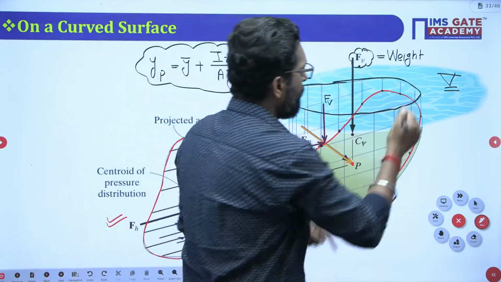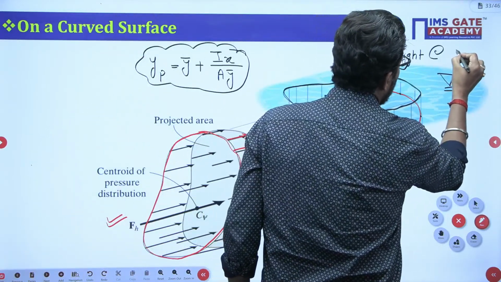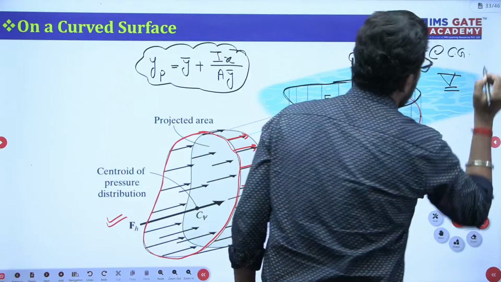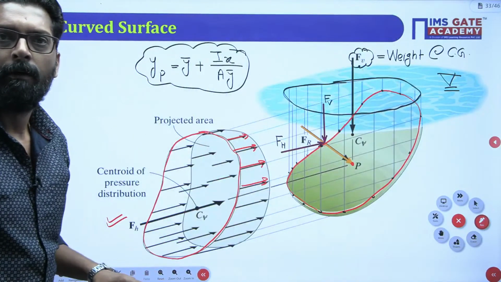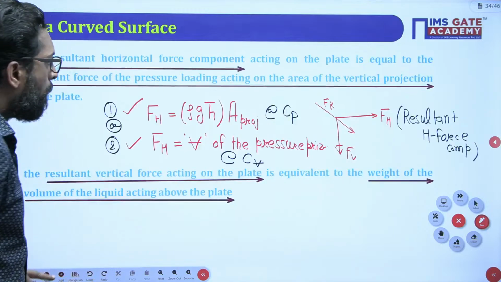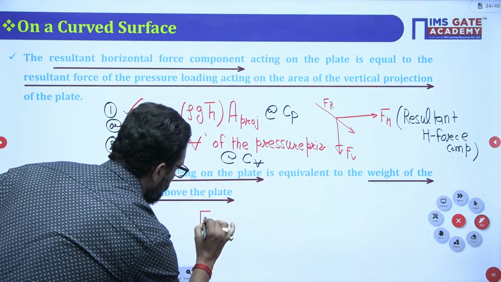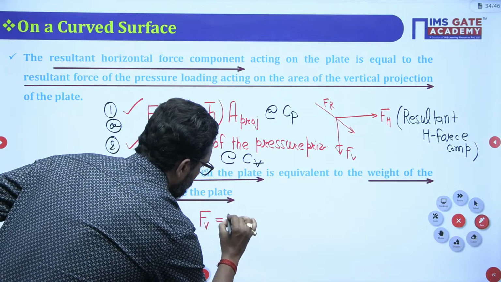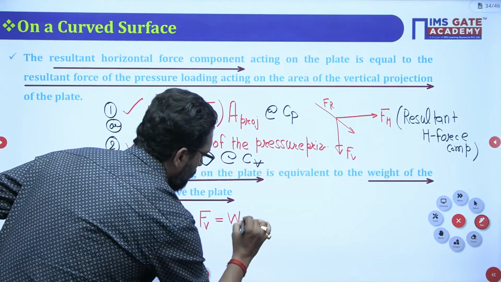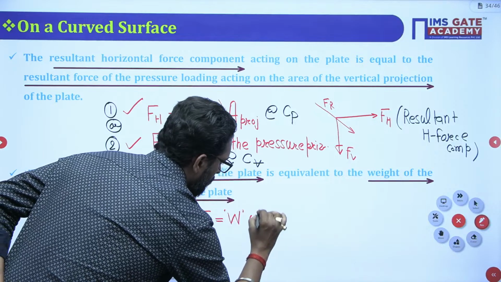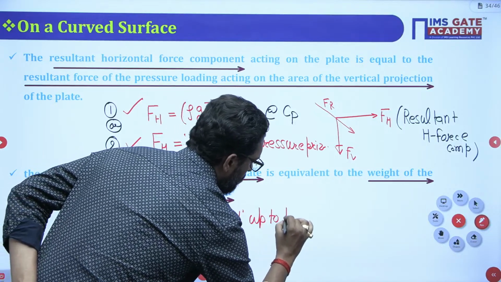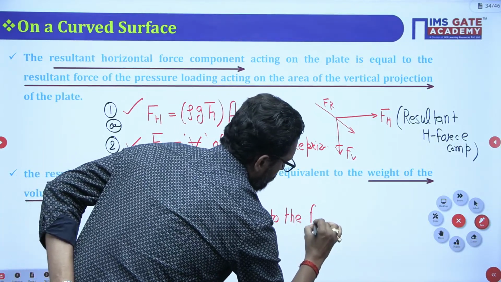So it is a weight, and it will act at the center of gravity, CG, of this weight. So the vertical force is equal to the weight of the fluid up to the free surface.